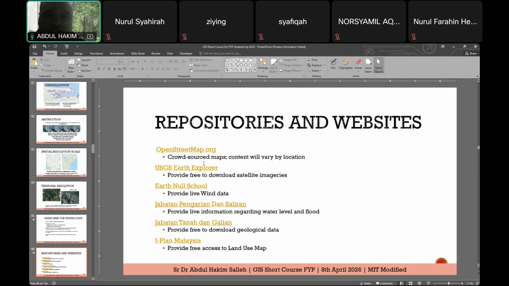Now, let's jump to this. Some of the repositories and websites are OpenStreetMap. OpenStreetMap gives you high-detail vector data for free. But the question relies only on the accuracy, because OpenStreetMap is crowdsourced data.